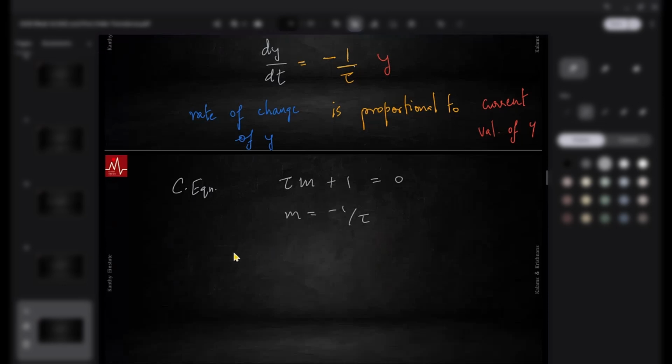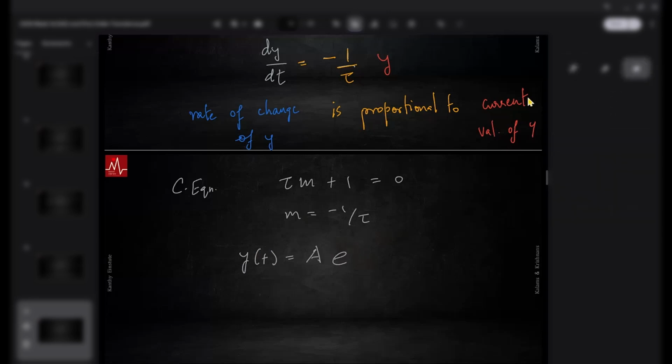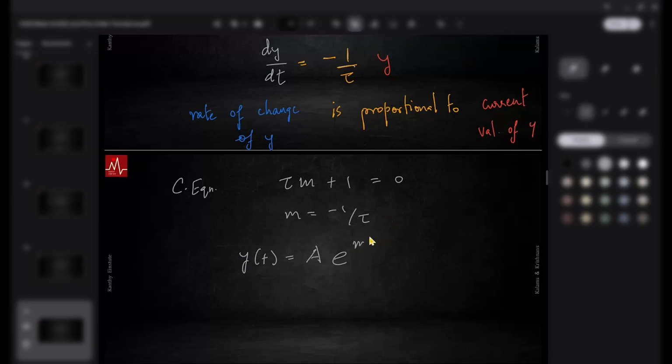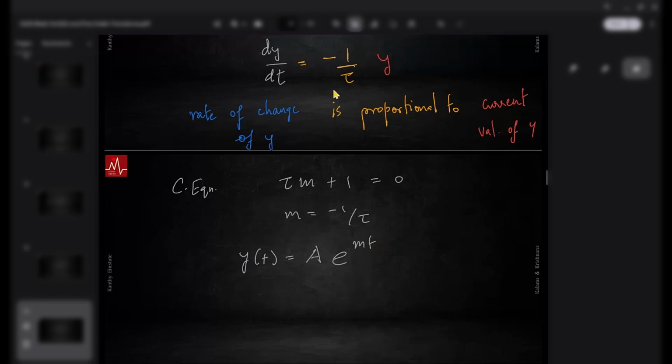So that is your y(t) equals some constant A e^(mt). It's your solution because you are guessing e^(mt) as a solution, an exponential solution. The derivative is the same as the function.